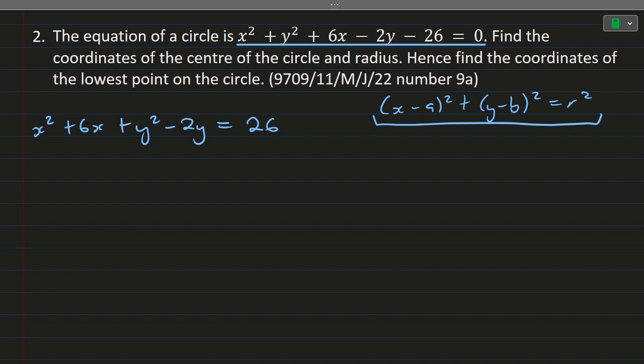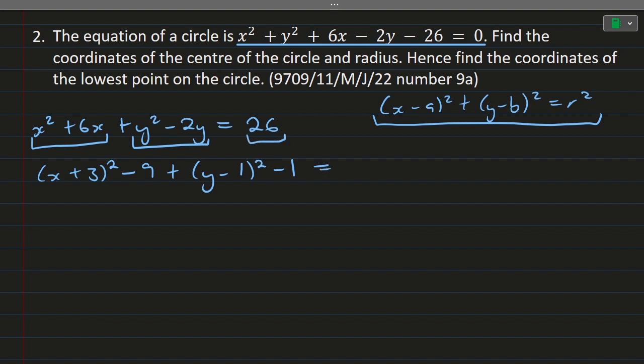And now let's complete the square for x² + 6x. So that would be (x + 3)² - 9. Now let's complete the square for y² - 2y. That would be (y - 1)² - 1 = 26.